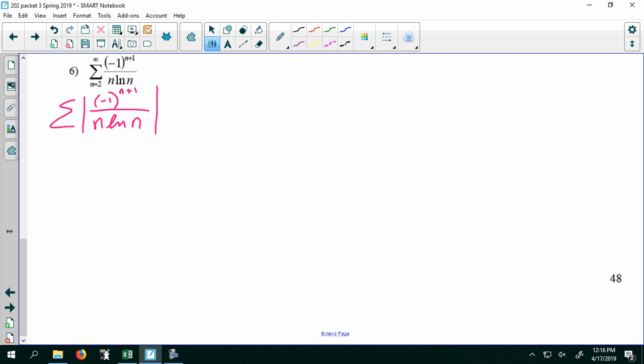So my -1 to the n plus 1 just alternates the sign. So when I take absolute value, I can just make that a 1. This is the sum of 1 over n ln n. One over n ln n is always decreasing and always positive, which means I can use the integral test.